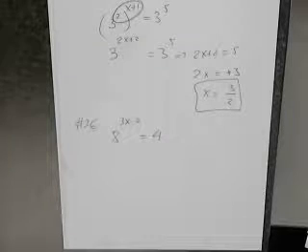Now 81, I know is divisible by 3. 27. 27 I know is divisible by 3. 3 and 9. 9 I know is divisible by 3. And I'm done. That is the prime factorization of a number. Is that okay? Good.